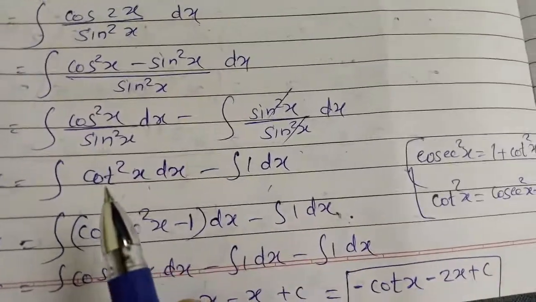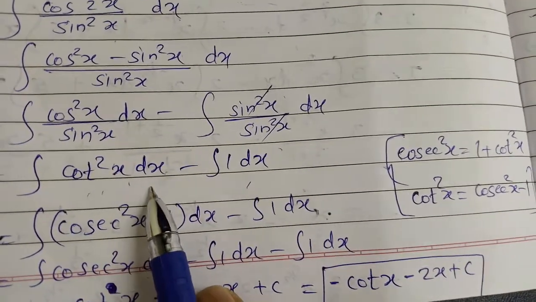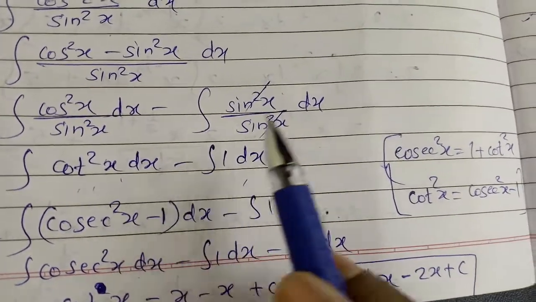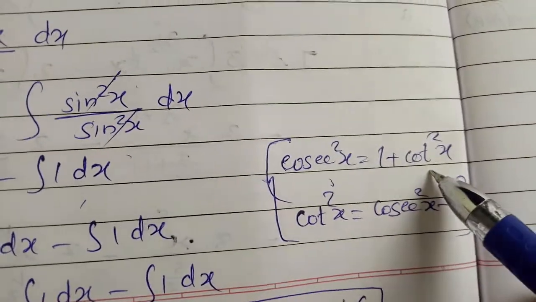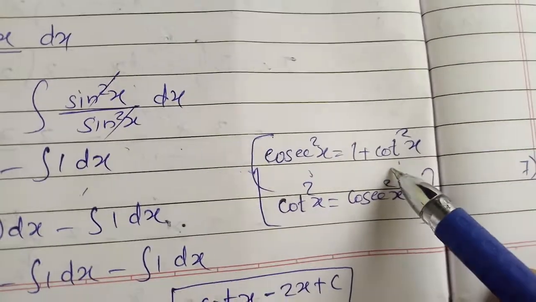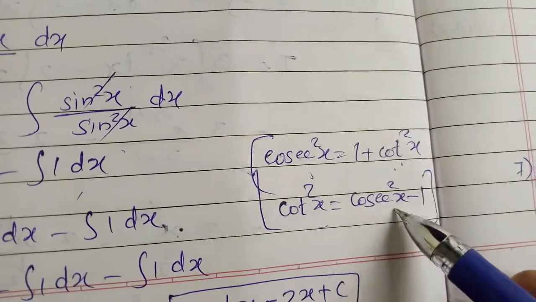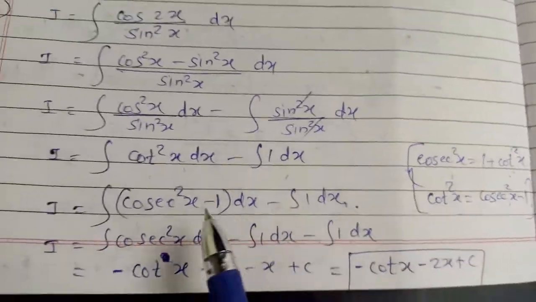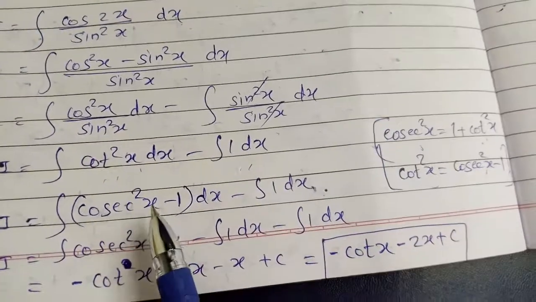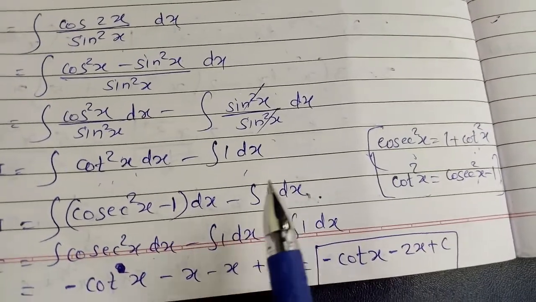So again there is no formula for cot square x, so here we are going to again apply the trigonometric identity, that is cosec square x is equal to 1 plus cot square x. So we are going to find the value of cot square x. So cot square x is equal to cosec square x minus 1 dx, and 1 dx is as it is.